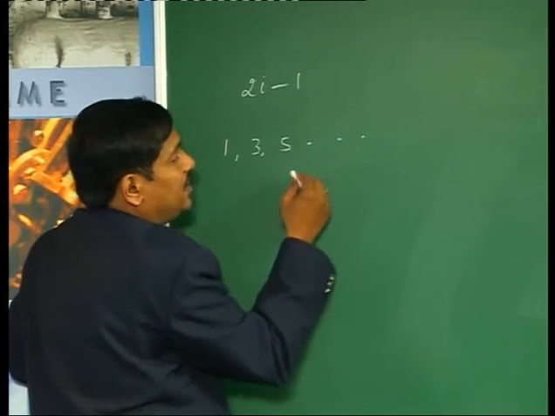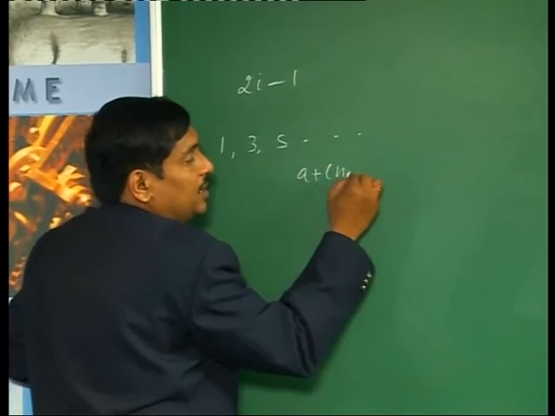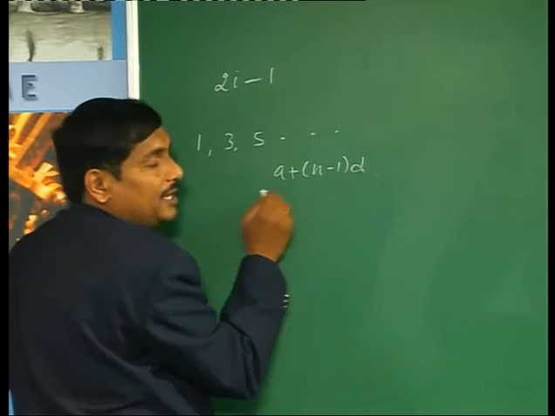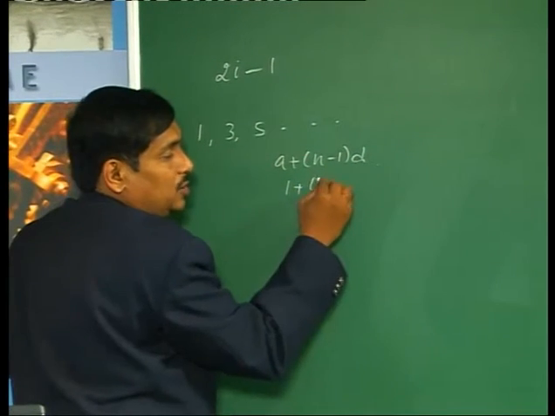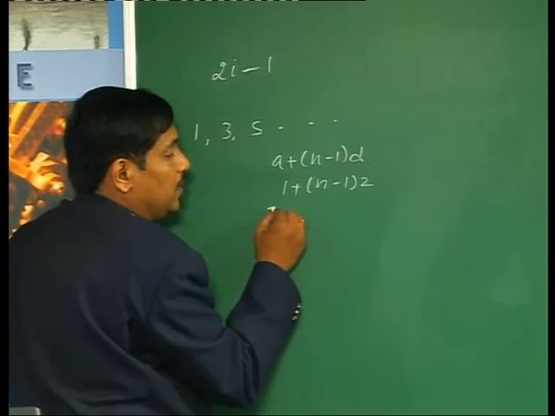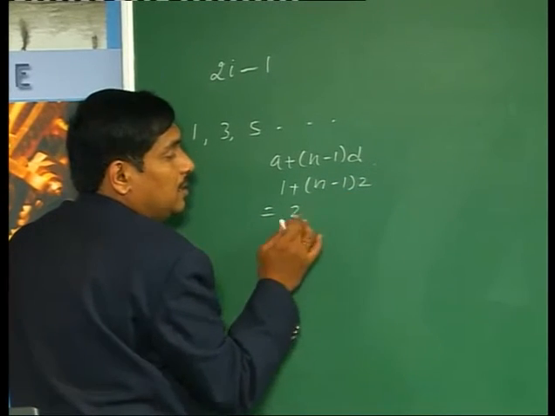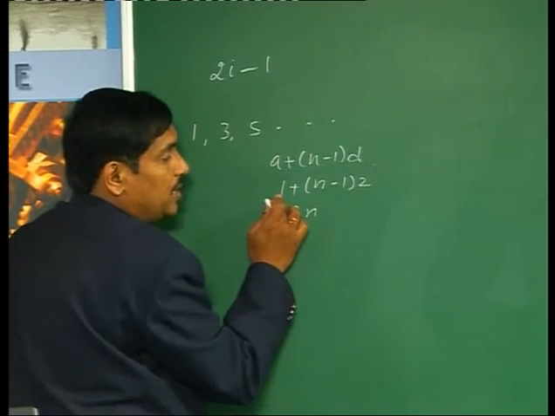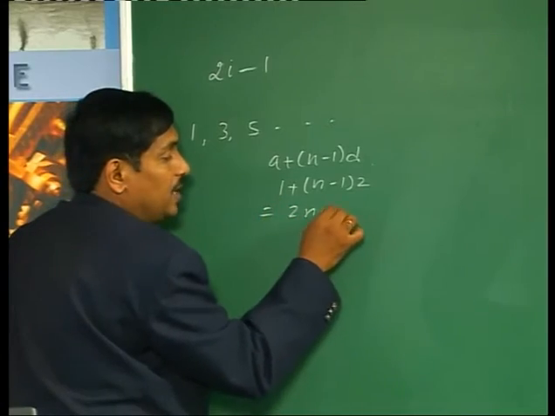This can be written as a plus n minus 1 into d. Here a is the first term and d is the common difference, that is 2. Then you get 2n minus 2, plus 1, which gives 2n minus 1.